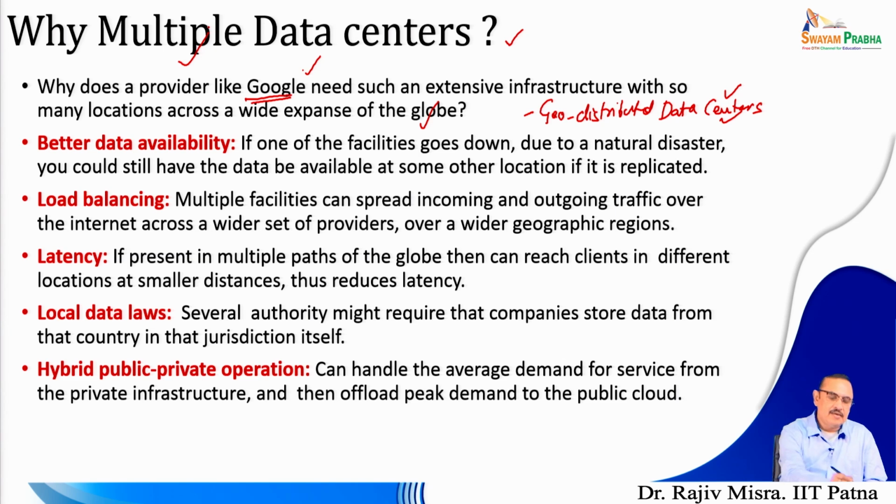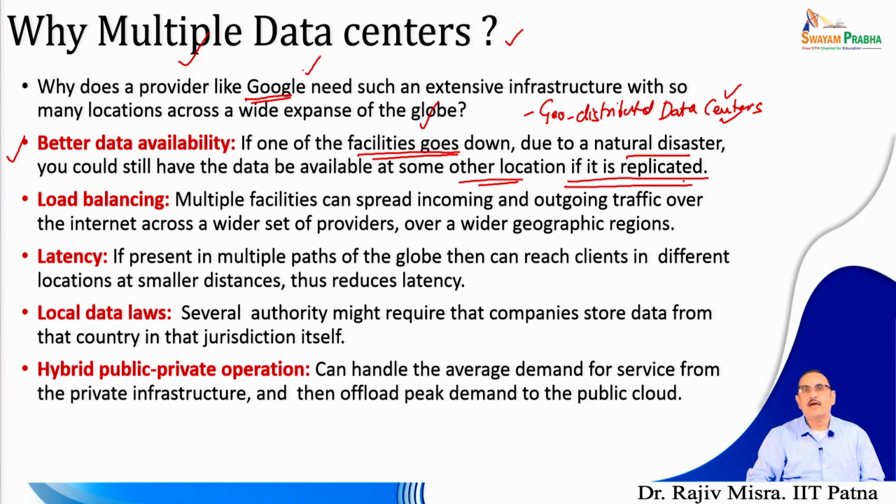So, the reason is the following. First reason says that better data availability. That means that if one of these facility goes down due to some reason, whether it is the natural disaster, still you could have your data available at other locations if it is replicated.